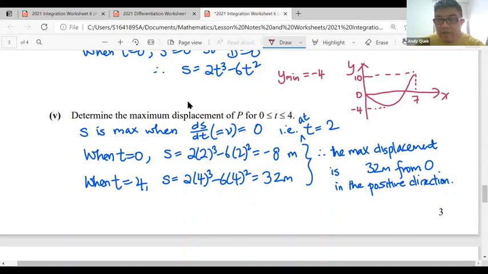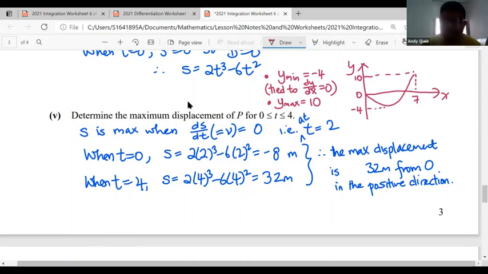It is -4, and it happens at the turning point, so it's tied to dy/dx equals 0. But when we are talking about y max, the value is 10. What is it tied to? It is tied to the extreme value of x. Okay, so we can tell only if we look at the graph. So I hope that makes things clear. So I just put here that this is just a note.